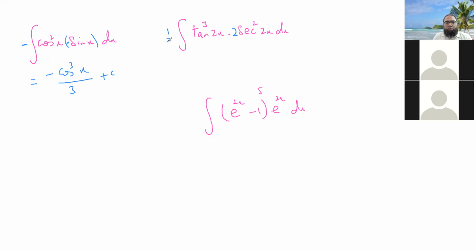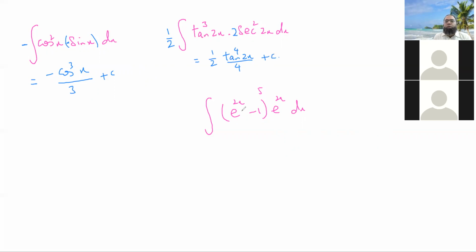So I'll be adjusting it like this, like half, and then I multiplied by this 2, so that we have exactly the derivative of this tan 2x over here. Okay, so this will give us half tan to the power 4 2x over 4 and then plus c.